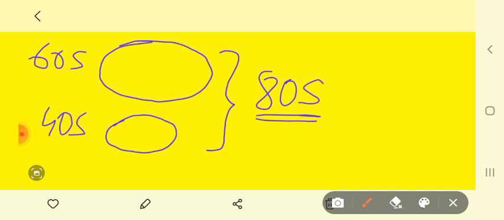The ribosomes found in eukaryotes also have one large ribosomal subunit and one small ribosomal subunit. Suppose this is the large one, this is the small one. The large ribosomal subunit is called 60S, whereas the small ribosomal subunit is called 40S. Together, the eukaryotic ribosome is called 80S.